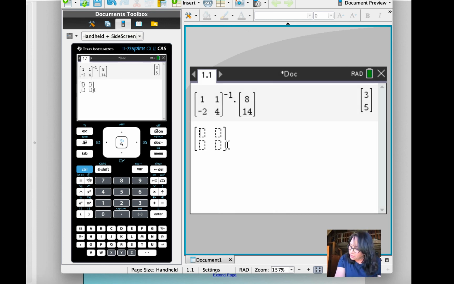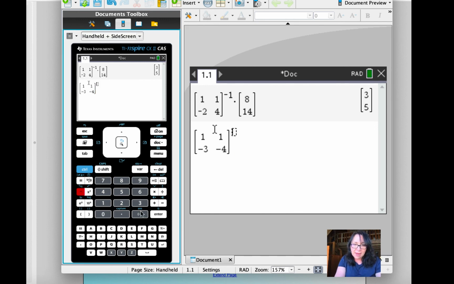Click twice. You type in your 1. I've got my 1. I've got a negative 3 and a negative 4. And then again, I need to go to the hat and then hit negative 1 to the negative 1 power. That's your inverse, right? In a TI Inspire, you're calculating directly into this.